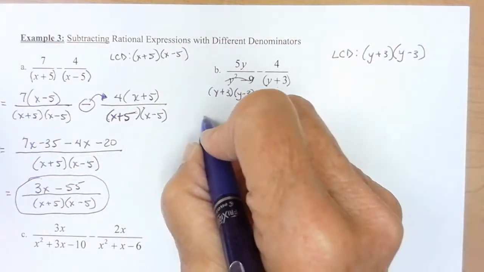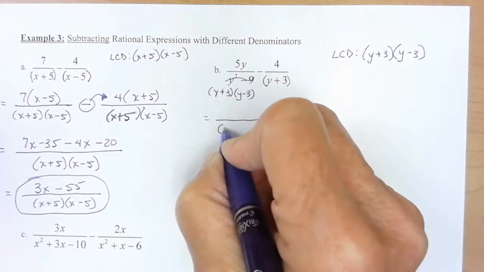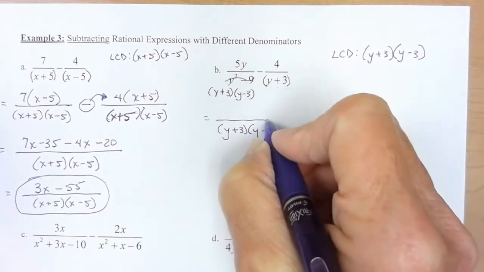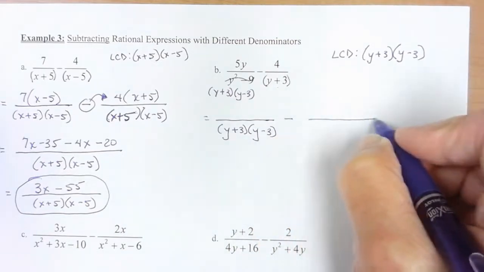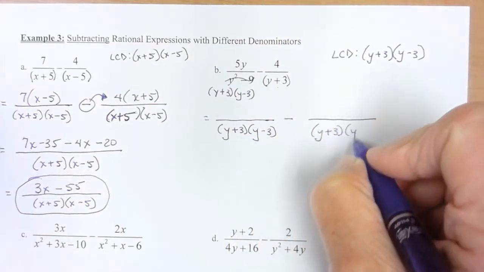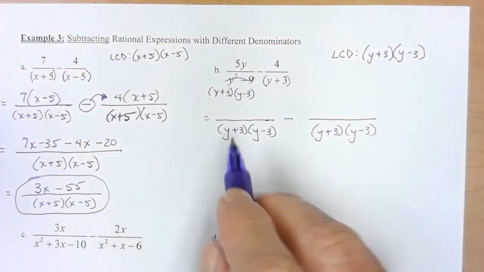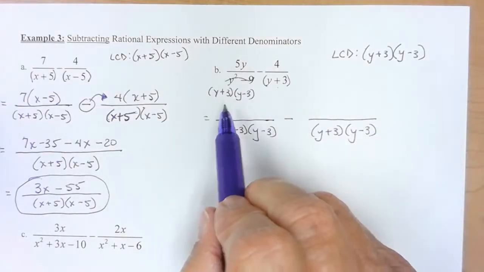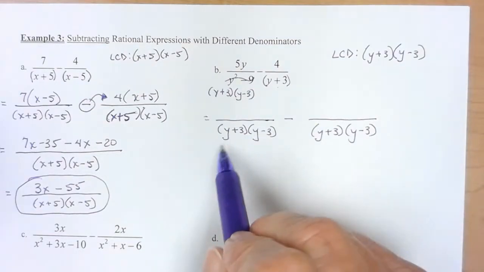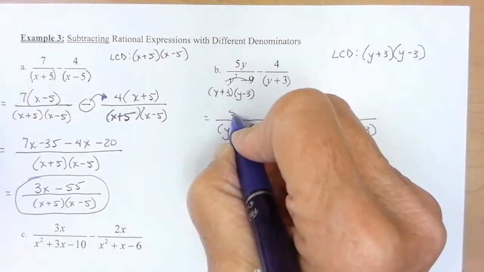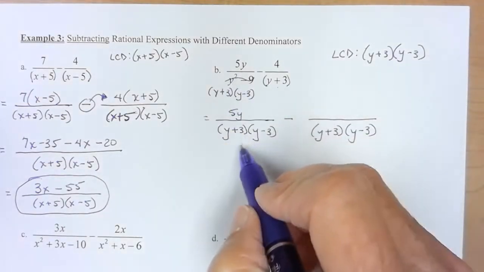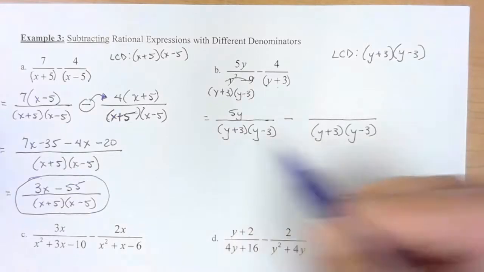So let me write those under both of my fractions. Now we multiply the numerator by any factor that's missing, and since there's no factor missing, you can say you can multiply your numerator by 1, or just rewrite the fractions. It already has the common denominator I need.